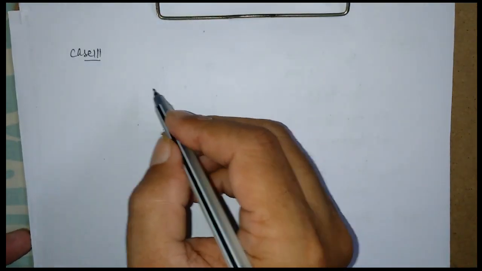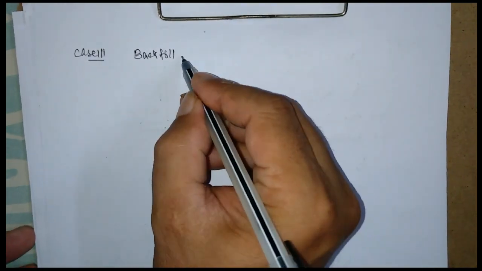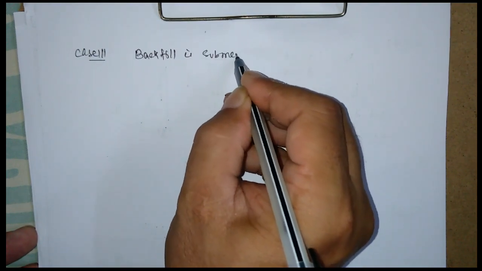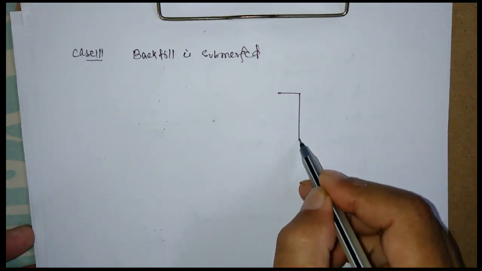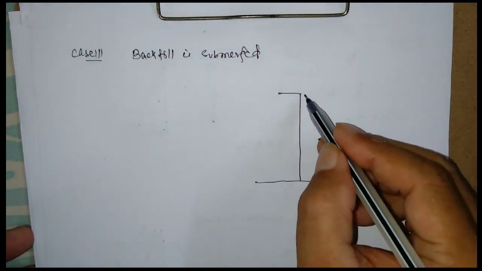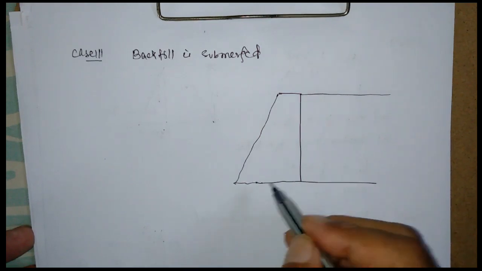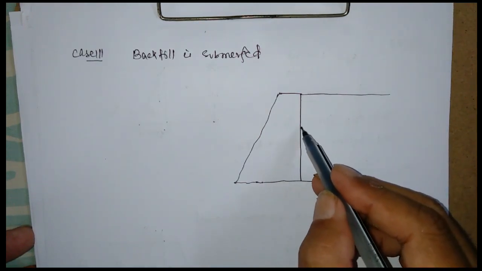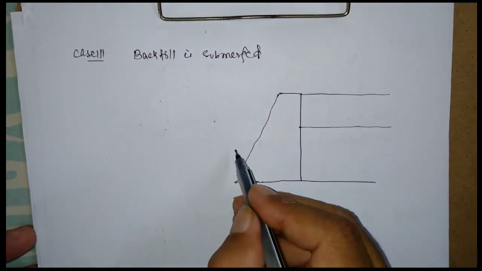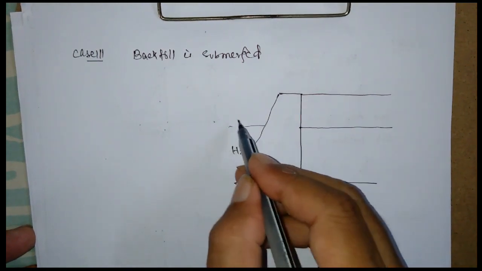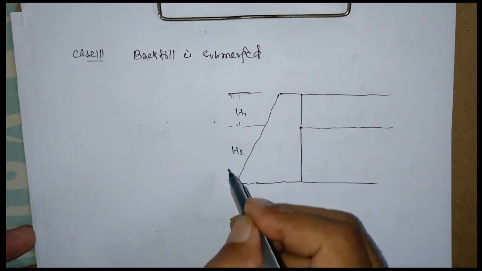In this case, the backfill is submerged. So the retaining wall with horizontal backfill is submerged up to a height of H2 after a depth of H1 from the top.